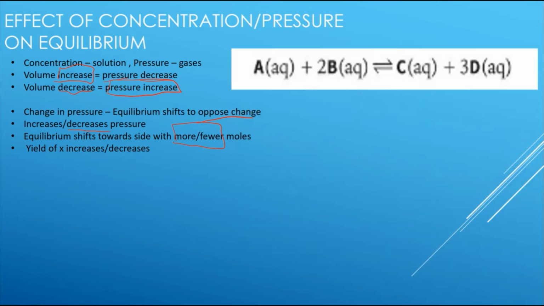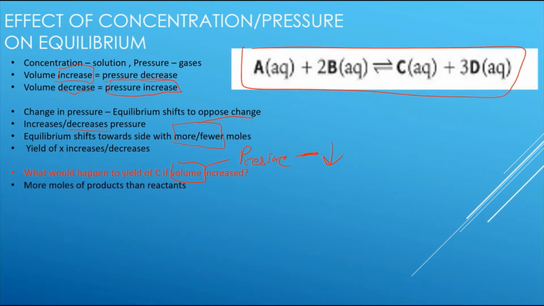So looking at an example, it's asking what would happen to the yield of C if the volume was increased. So I know this is talking about volume increasing, so I know that the pressure is decreasing, so it's going down. So thinking of this example, I know that there are more moles of products than reactants.